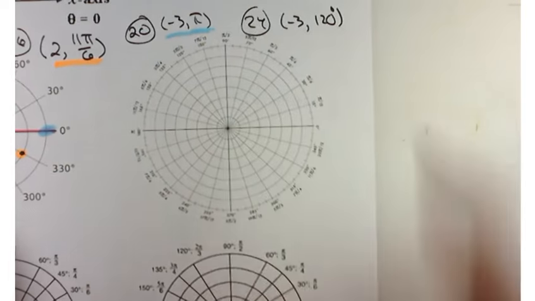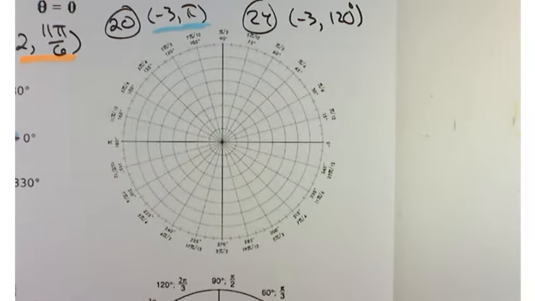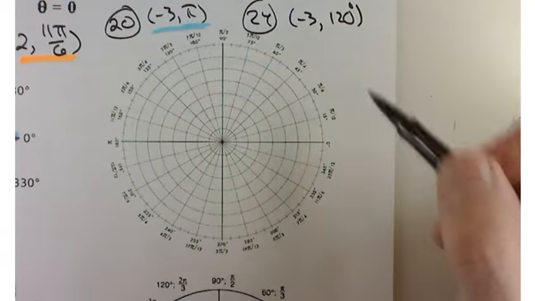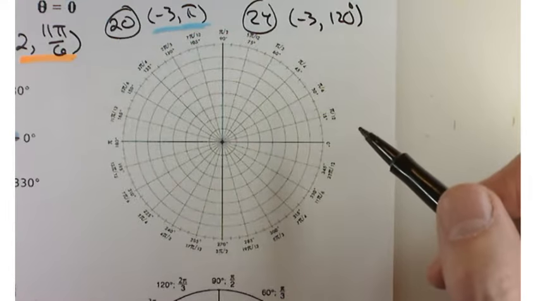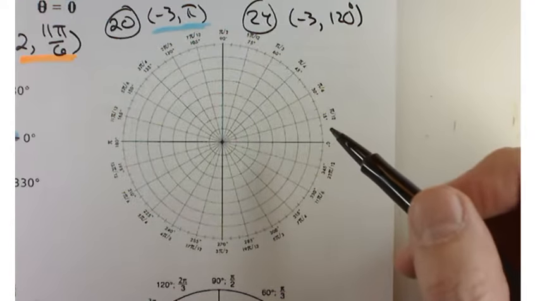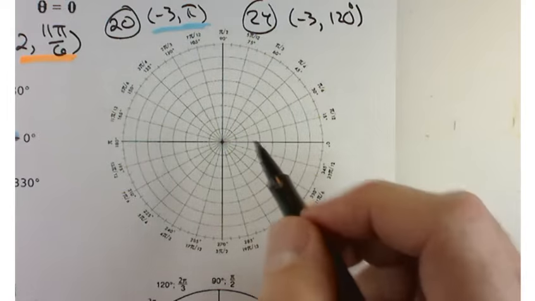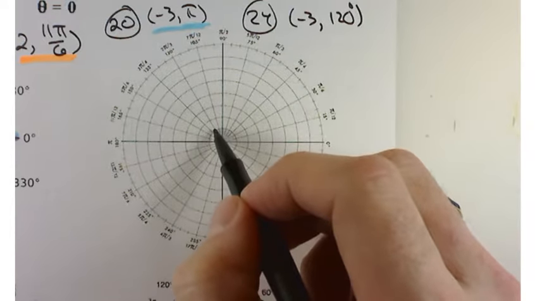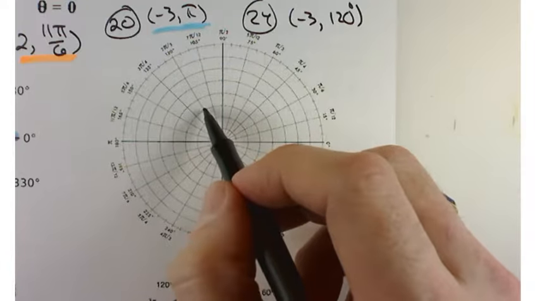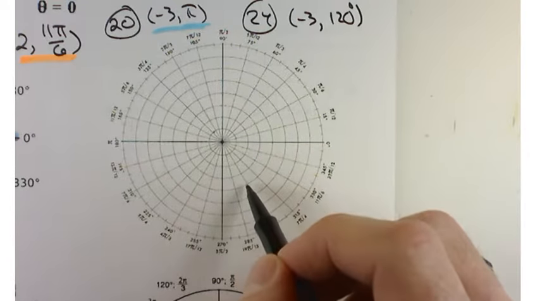So I'm going to switch over to this graph now, just because I'm running out of room in the first one. Find your angle, then move your negative radius. So 120 is here. 1, 2, 3. We want to move 180 degrees opposite of that.